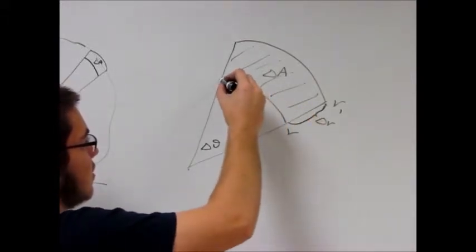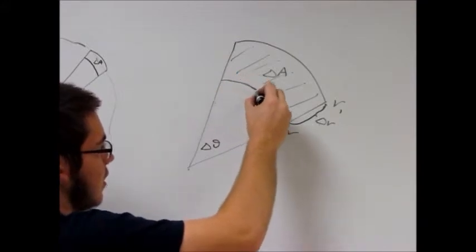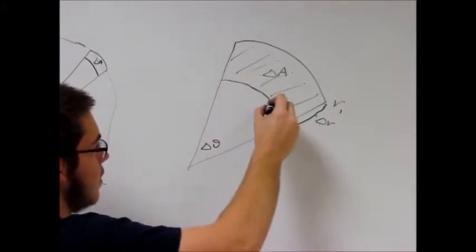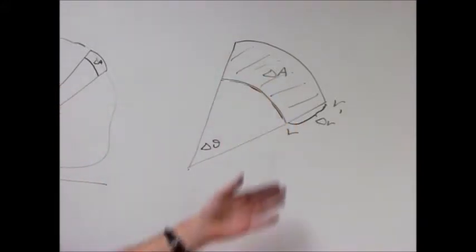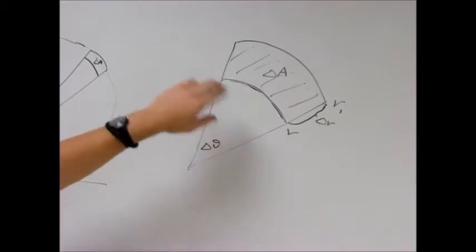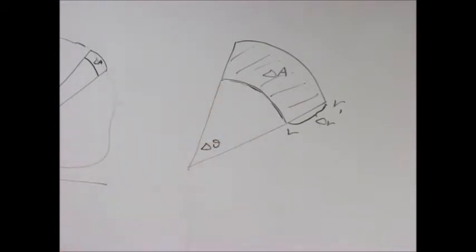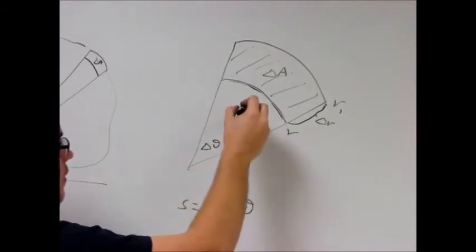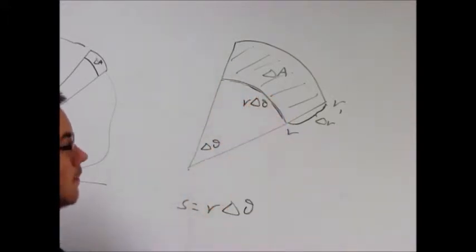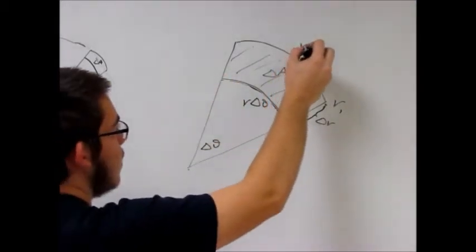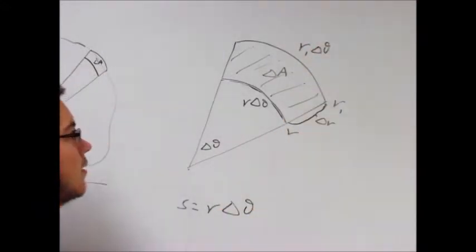So basically we want to consider this length right here. The arc length, if this is a circular arc, is, as we know, r times the angle, in this case delta theta. So this length here is r delta theta, and this one is r1 delta theta.